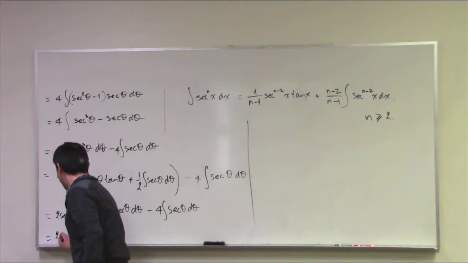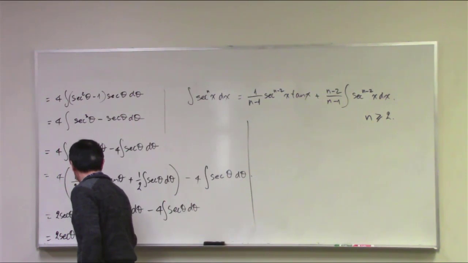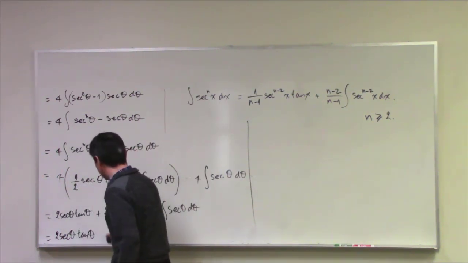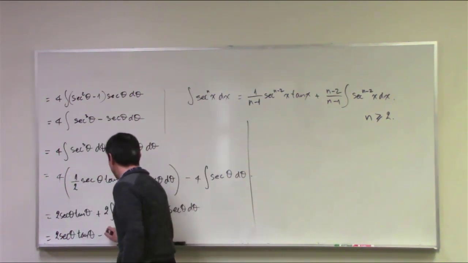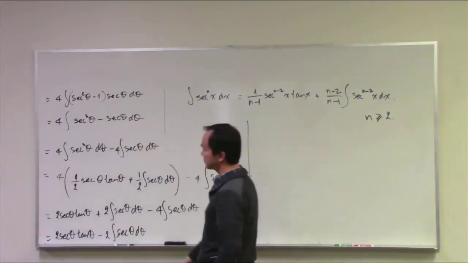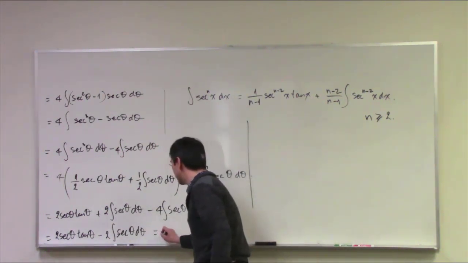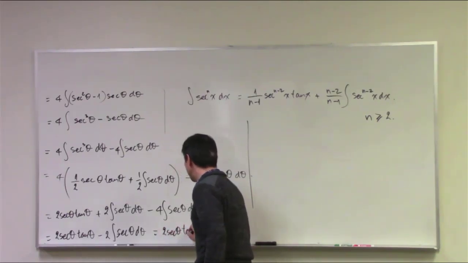But now, by the way, secant theta tangent theta, right? Plus, actually no more plus, minus 2, right? The integral of secant theta. There. Now, our final answer here comes out. So it's going to be 2 secant theta tangent theta. Right?